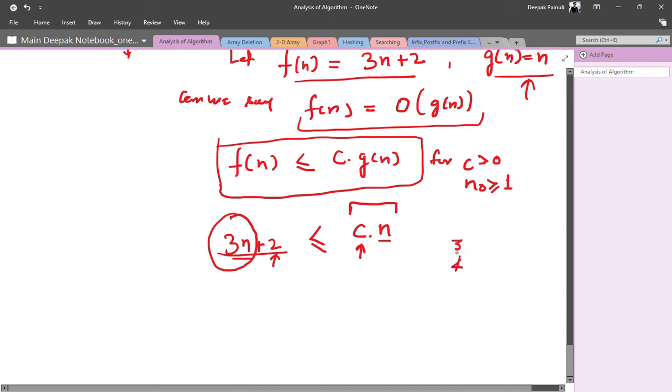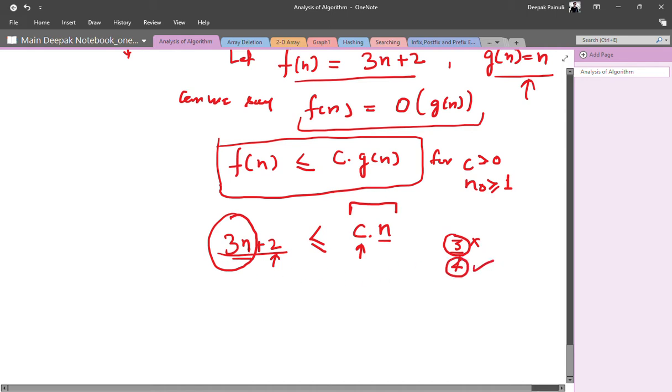Let us take 3. If we use 3 in place of c, then we will get 3n. But on the left hand side we have 3n plus 2, which will definitely be greater than 3n. So we cannot take c as 3, it will be rejected, right? But if we take 4, it will be satisfied.